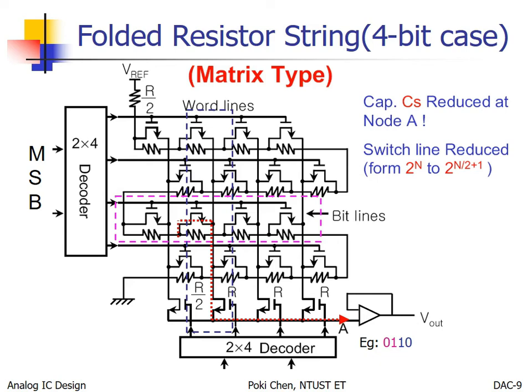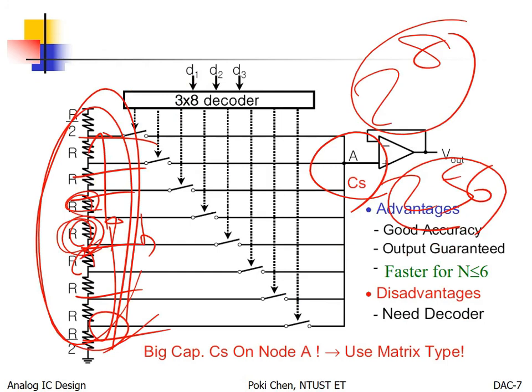No. Why? Again, I told you already, the R string is folded only. If you pull them straight forward, they are still an R string, right? Exactly the same if you pull it down. It is exactly the same with this structure.